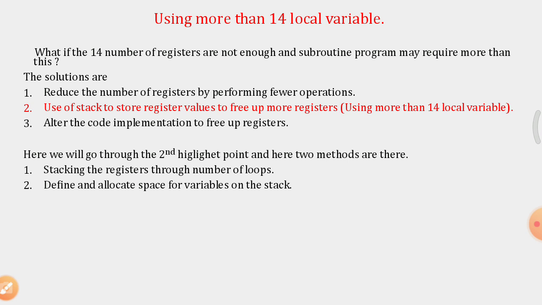For using more than 14 local variables, we have two methods. One is stacking the registers through a number of loops. I repeat, stacking the registers through a number of loops, and the other is defining and allocating space for variables on the stack. We will go through these things.